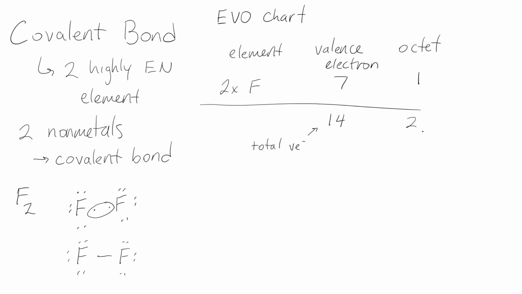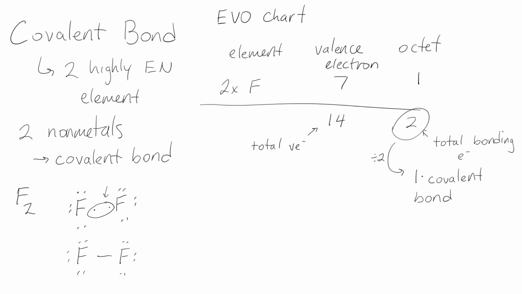This 2 represents the total number of bonding electrons. If we know how many total bonding electrons there are, that tells us the total number of covalent bonds. If we divide this number by 2, because there are 2 electrons per covalent bond, that gives you 1 covalent bond in this molecule.